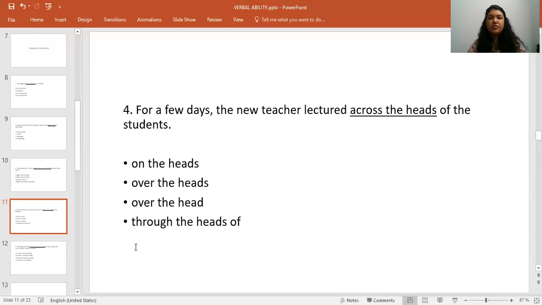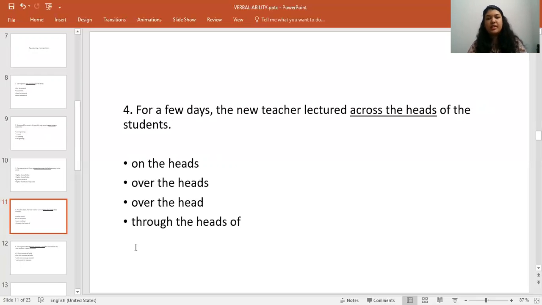So here also we have another idiomatic expression, that is across the heads. If we go through the options for correction, on the heads, over the head, and through the heads of, we have got four options. So the correct idiom to be used is over the heads. It's an idiom that is commonly used in sentences.